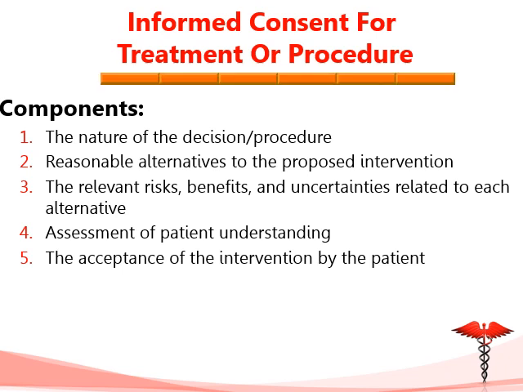Whenever you are going to make an informed consent for treatment or procedures, what should you write? You should write the name of the patient, the name of the disease, your diagnosis I mean, then you will mention the nature of the decision or procedure that will be carried out, the alternatives, the risks, all the types of known risk, and the benefits.